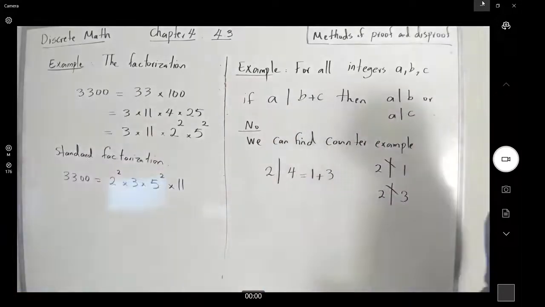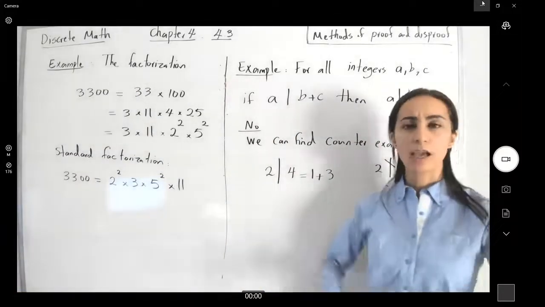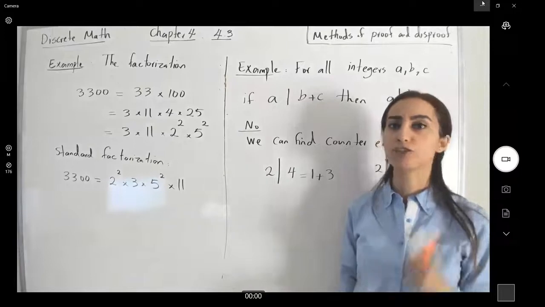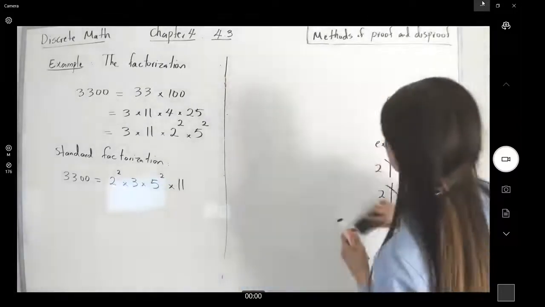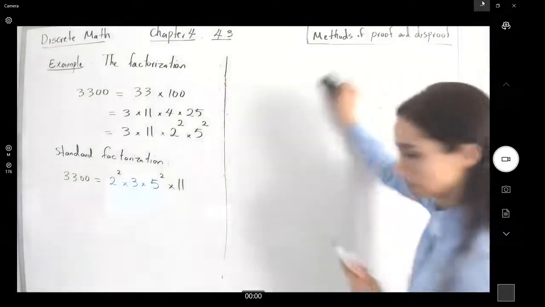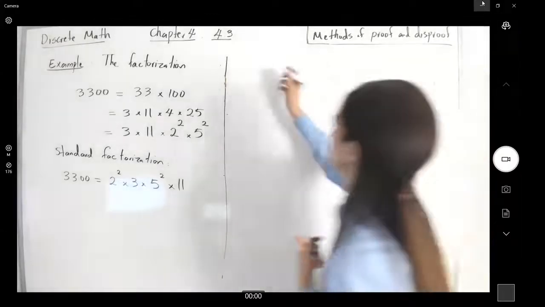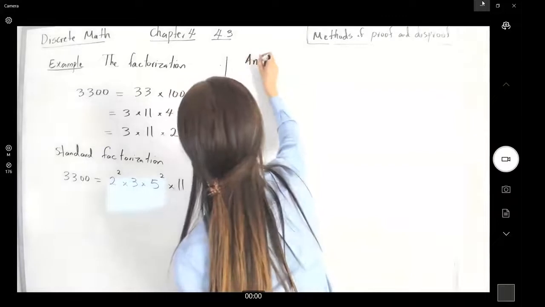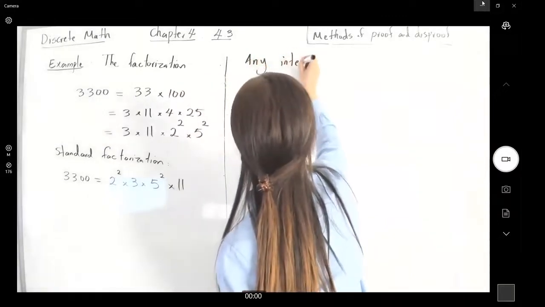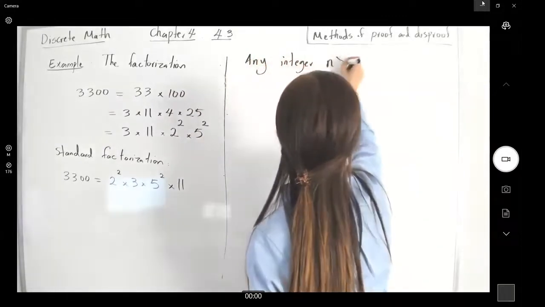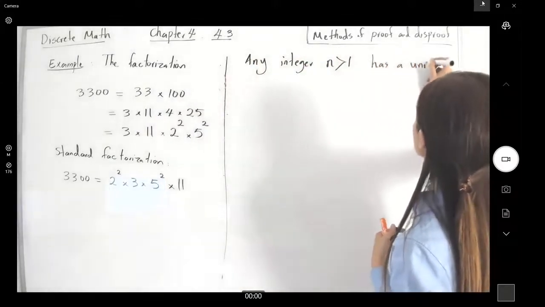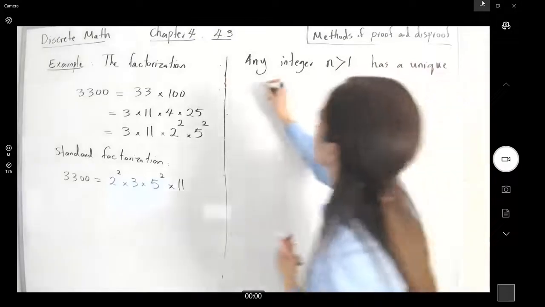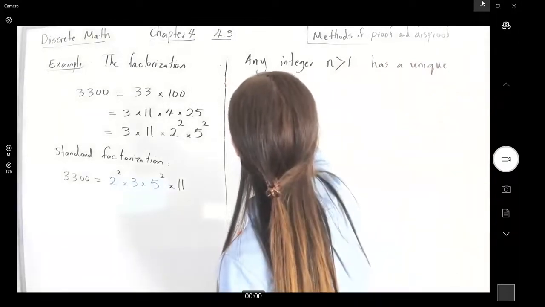It happens that we can factor any integer greater than 1. So any integer n greater than 1 has a unique prime factorization.